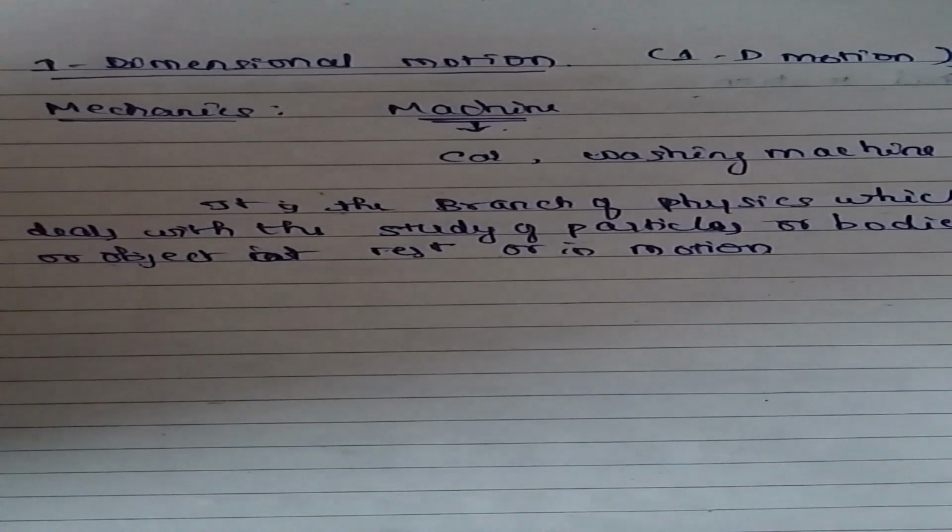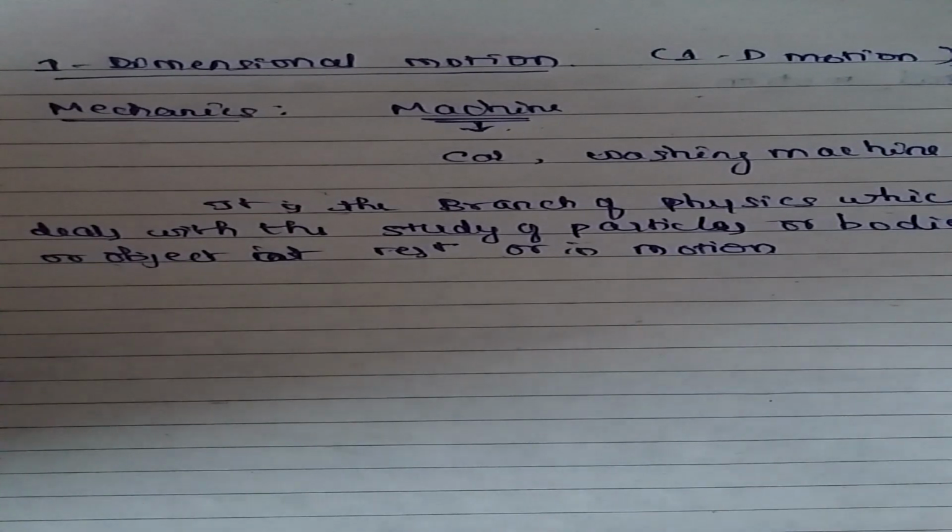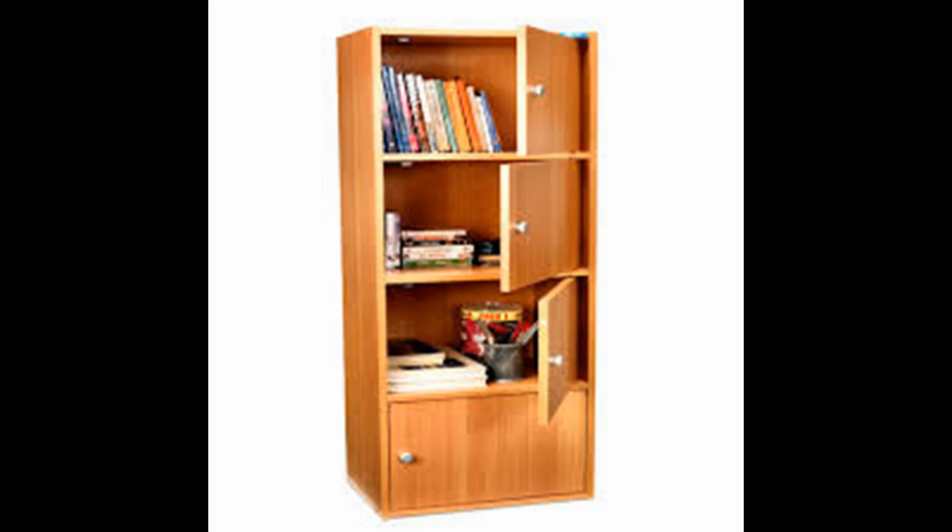For example, in our daily life we can see some objects which are not moving. If you keep some books in a shelf or in a rack, they will not move from one place to another until you touch them or move them. Some objects we see, like birds flying in the sky, move from one place to another.